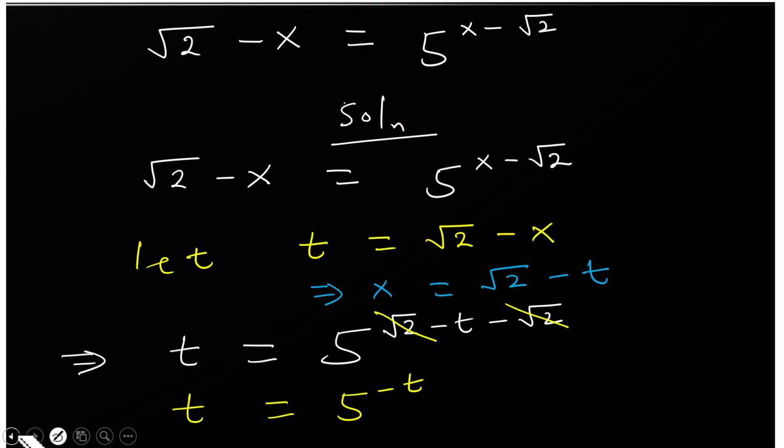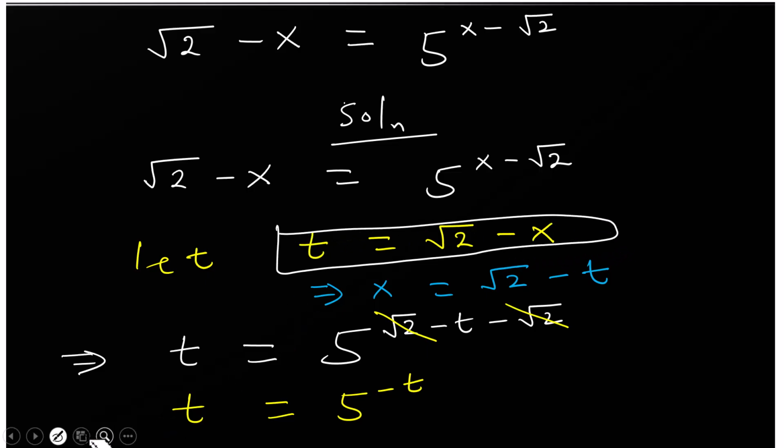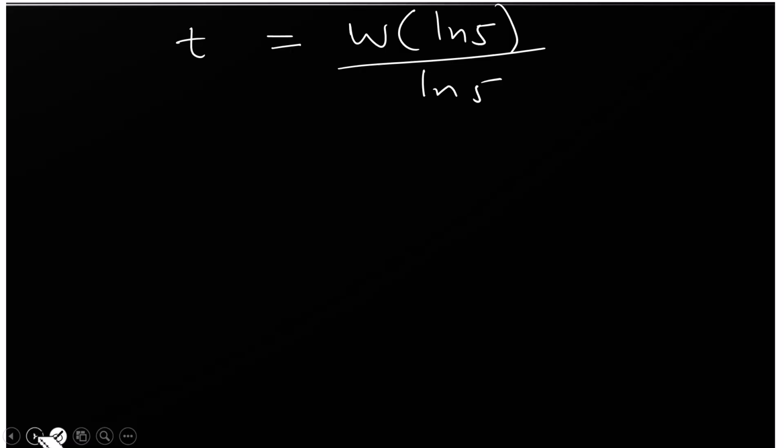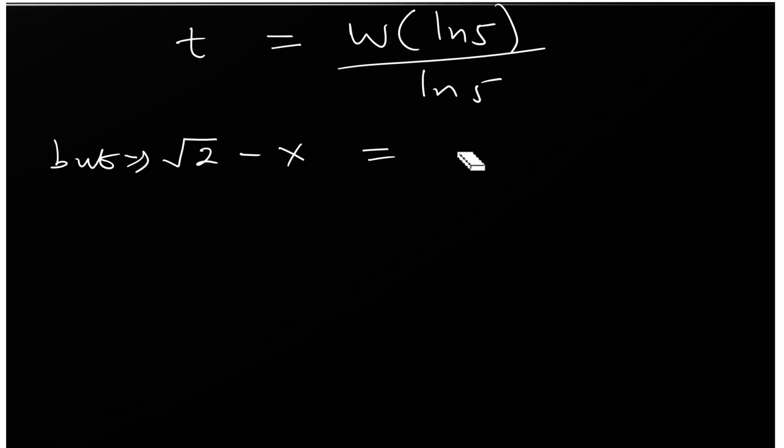Now let's recall, we said t equals root 2 minus x. So t equals root 2 minus x, okay, equals W function of ln of 5 over ln of 5.